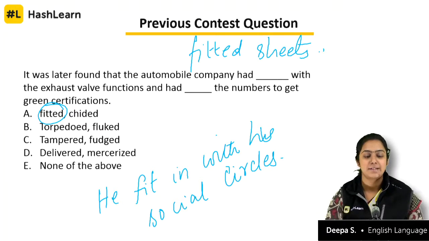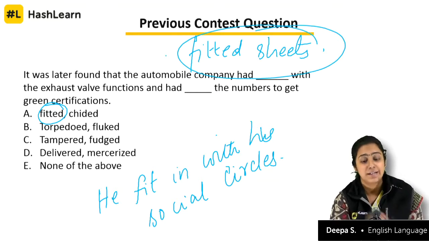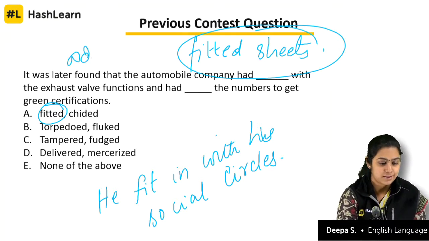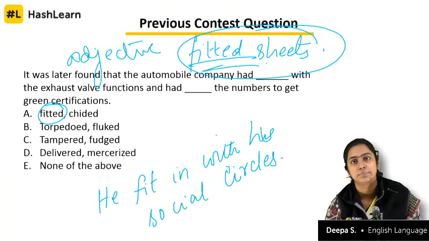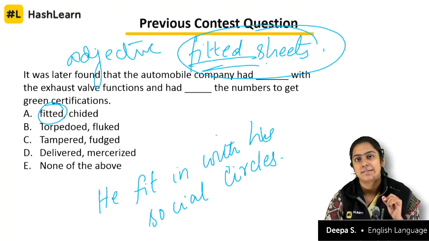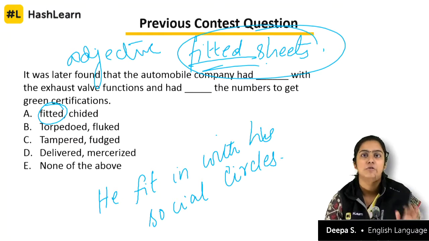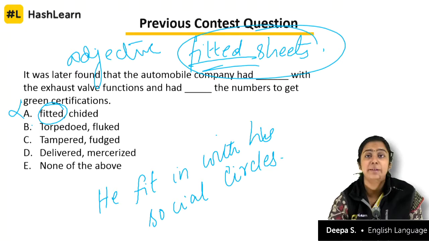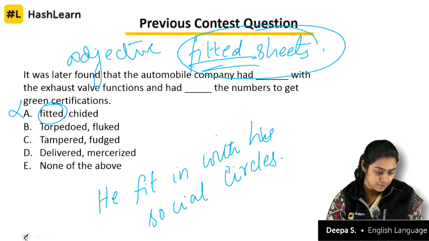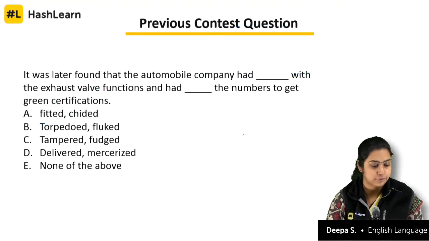They're already fit. So that is a fitted sheet. In this case, it is an adjective and not a verb. Fitted is definitely an adjective, almost never used as a verb. We can eliminate that, because it's not a verb, it's an adjective.